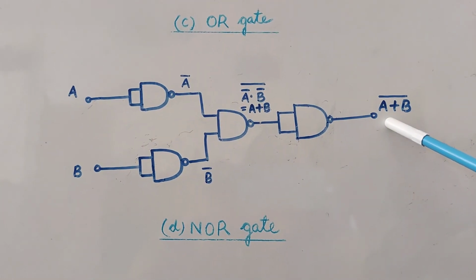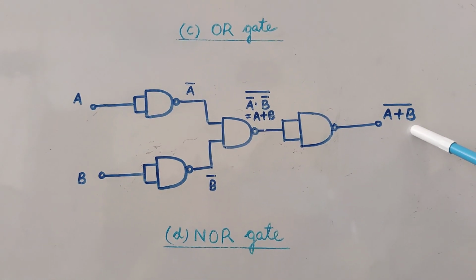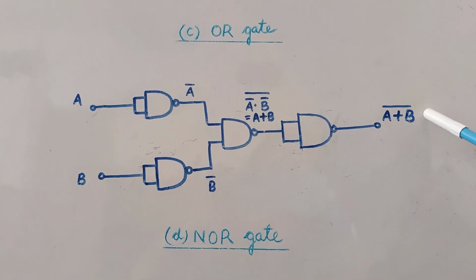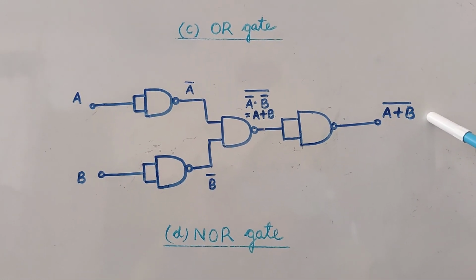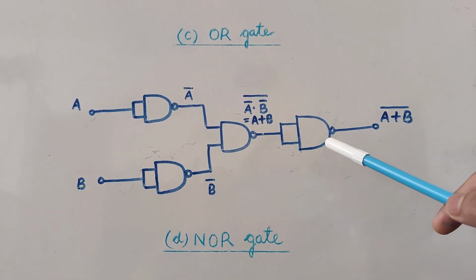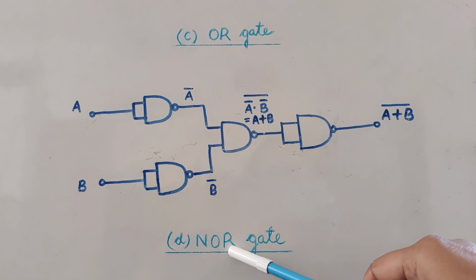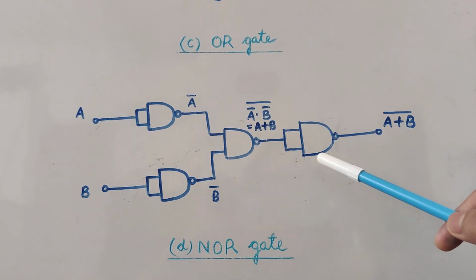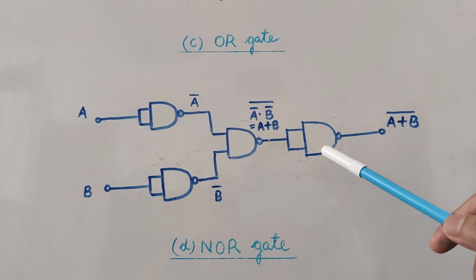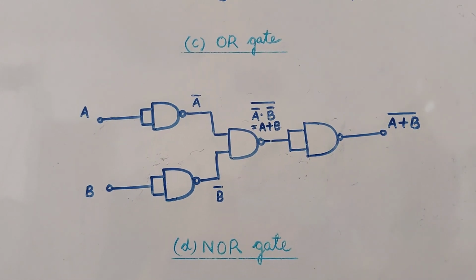So the output obtained here is the complement of A plus B, and this is the logic formula of a NOR gate. So we have implemented a NOR gate by using 4 NAND gates. In order to implement a NOR gate, we need a minimum of 4 NAND gates.